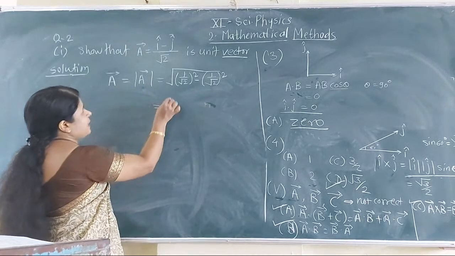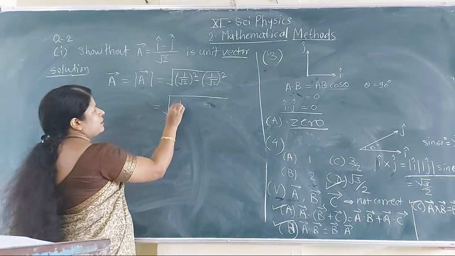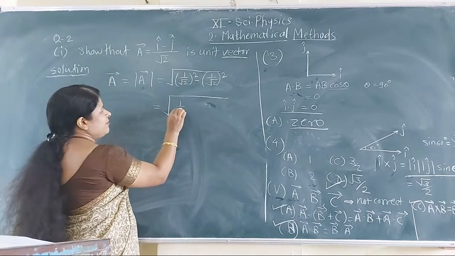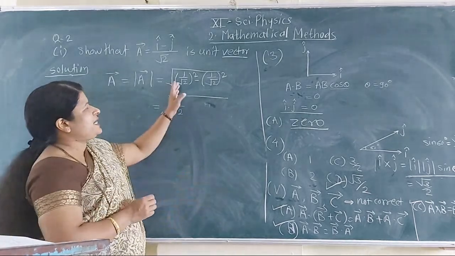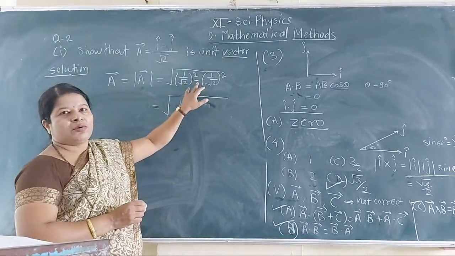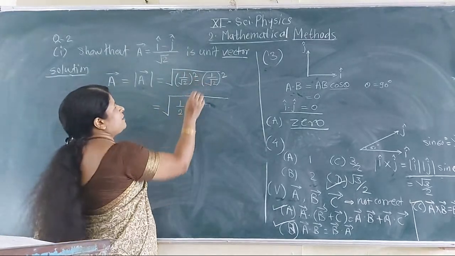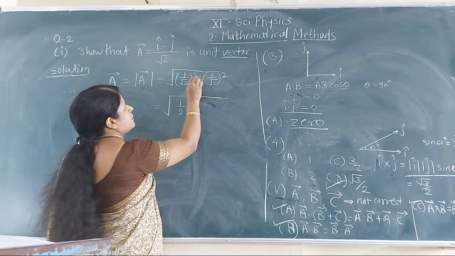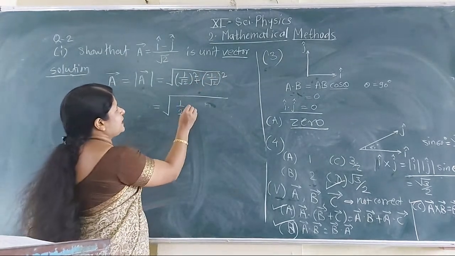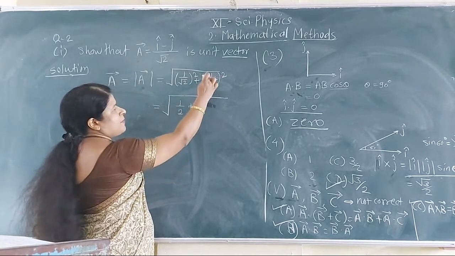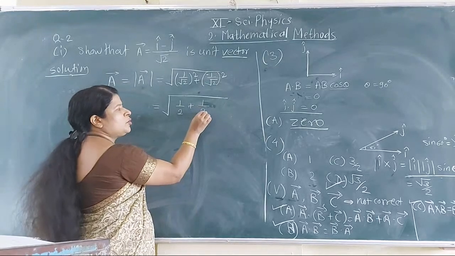So let's simplify. The magnitude is the square root of (1 upon root 2) square, that means 1 divided by 2, plus (minus 1 upon root 2) square, that means 1 upon 2.